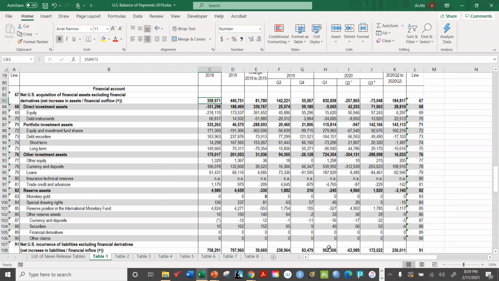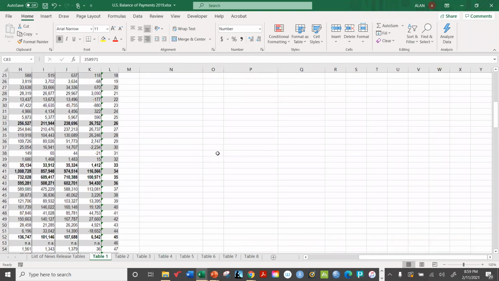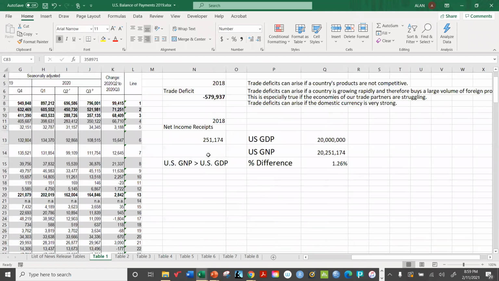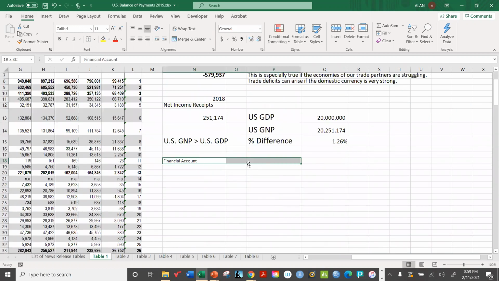Let me write this over here somewhere. So this would be the financial account. And according to my calculations, I'm showing it as a surplus of 399,320.